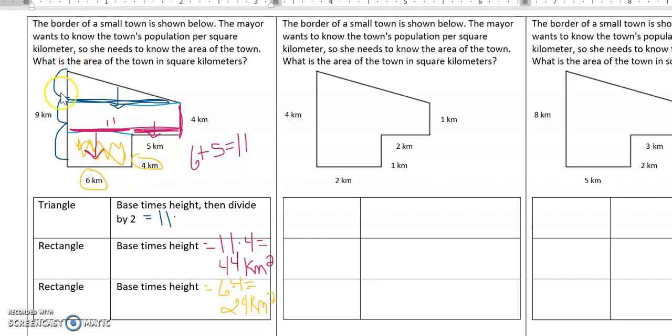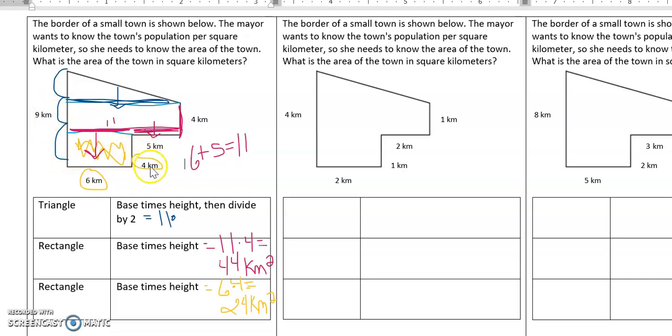Alright, so I noticed there was a mistake on the worksheet. That's why I stopped and said, wait, something's wrong. So, once again, the triangle plus the rectangle plus the rectangle, all of those heights together have to equal 9.